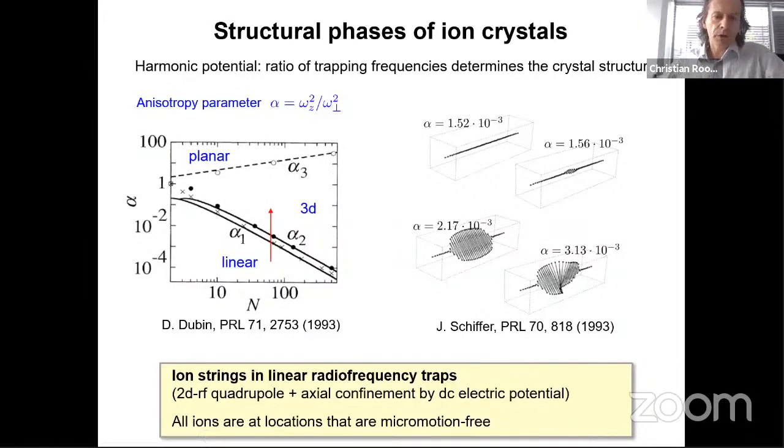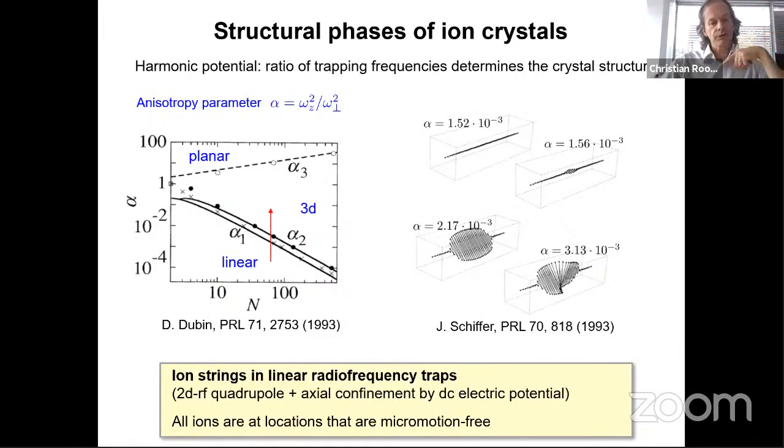Now, if you have ion strings in linear radio frequency traps, this is an interesting configuration, because you have in this case a two-dimensional radio frequency quadrupole. This means that there is a line in space along which the radio frequency field vanishes.